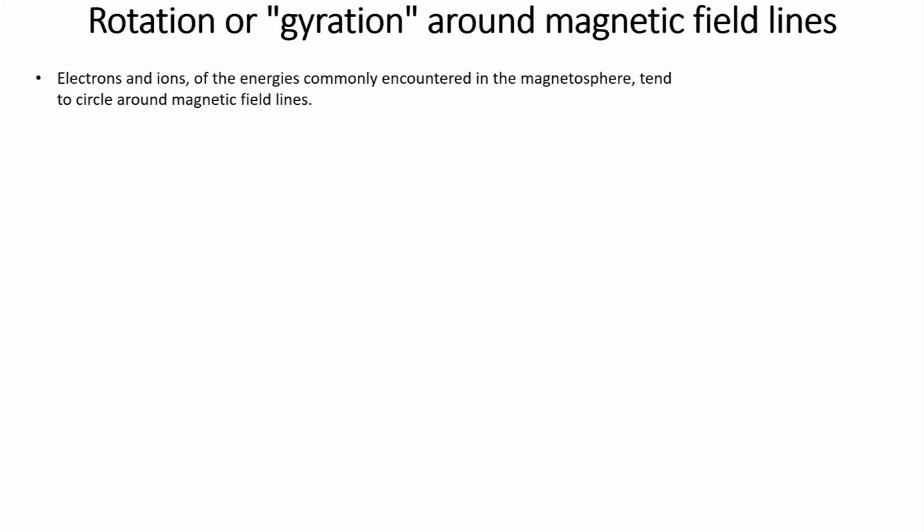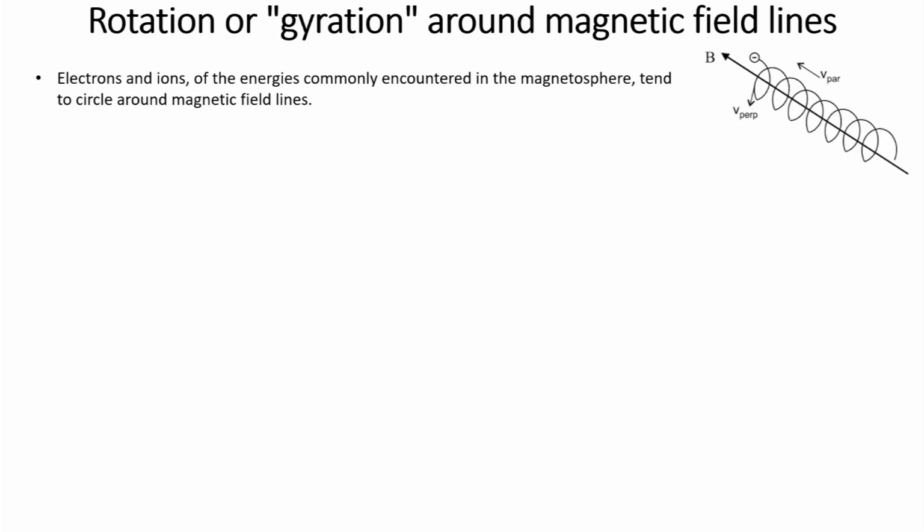First is the rotation, or gyration, around the magnetic field lines. As you know, the electrons and ions which are commonly encountered in the magnetosphere tend to circle around the magnetic field lines. Whenever charged particles are moving at some velocity in a magnetic field, the phenomenon of gyration happens.